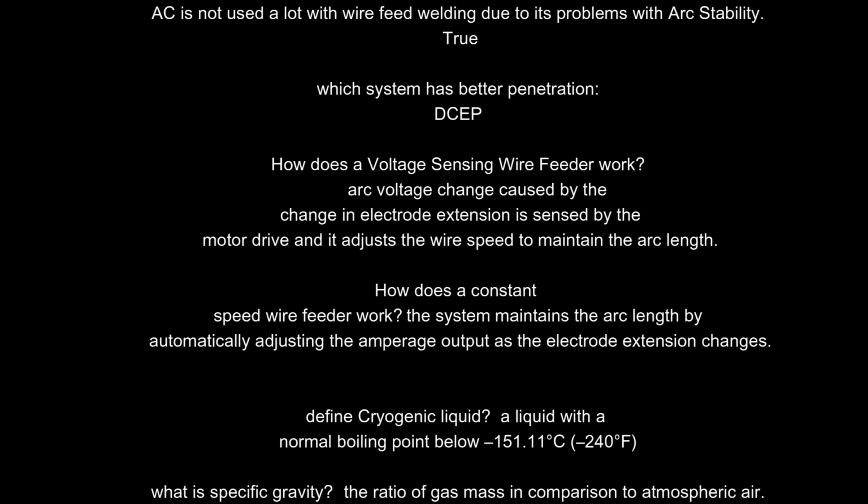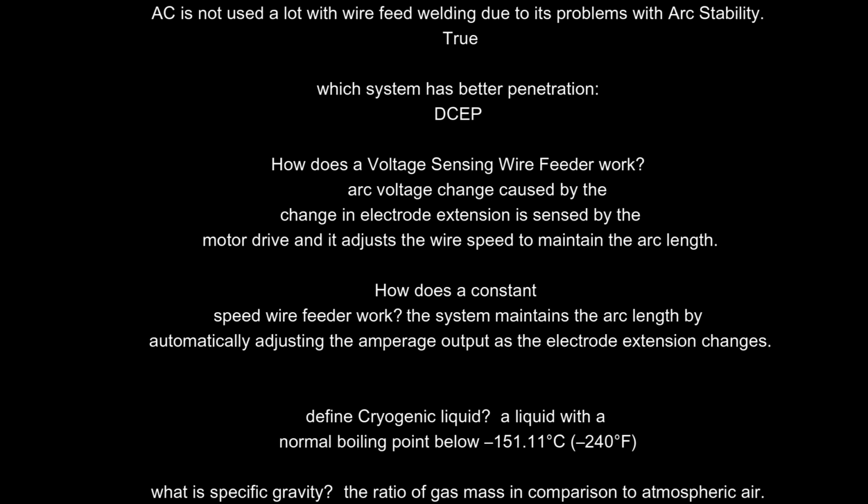Arc voltage change caused by the change in electrode extension is sensed by the motor drive, and it adjusts the wire speed to maintain the arc length. How does a constant speed wire feeder work? The system maintains the arc length by automatically adjusting the amperage output as the electrode extension changes.